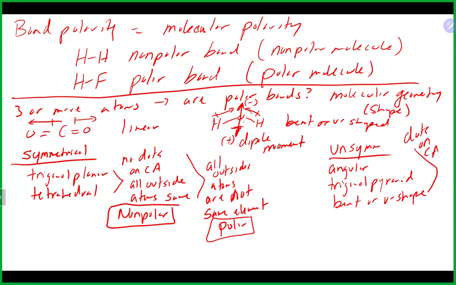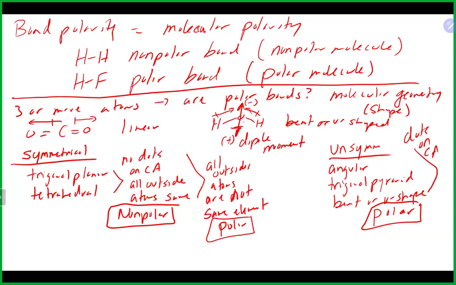And if they're all the same element on the outside, then that molecule is going to be polar. And that's a really quick way to do molecular polarity, by looking at basically dots or no dots, and is everything on the outside the same or different? It's a very quick way you could do that. Any questions on that there? All right, that wraps up chapter 12.